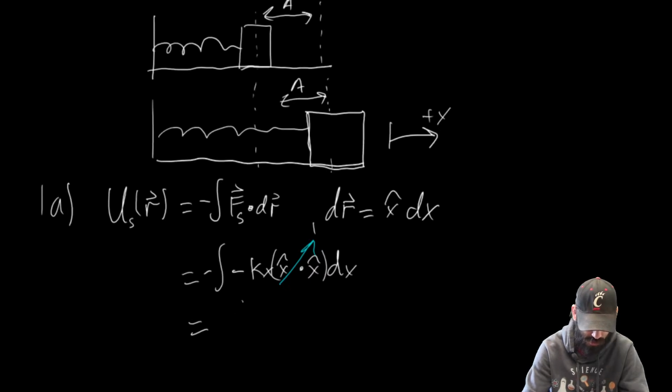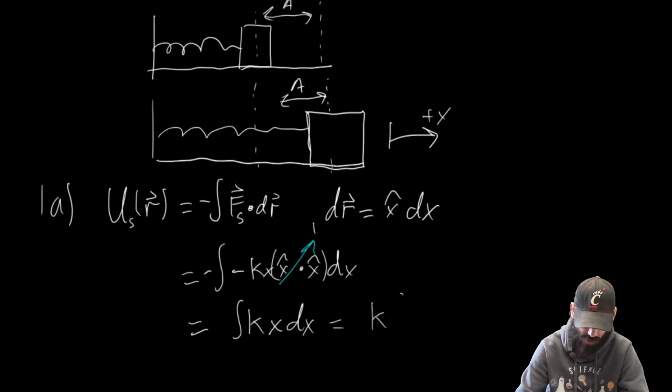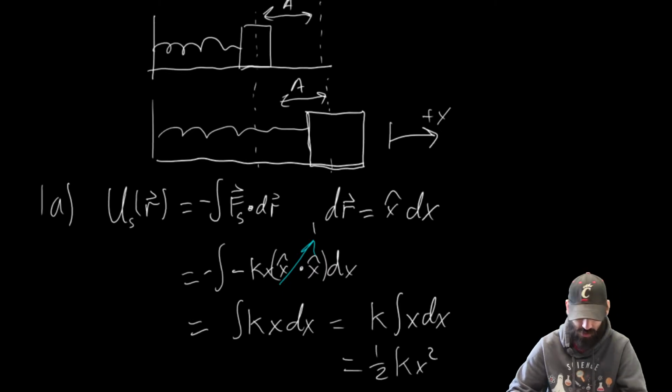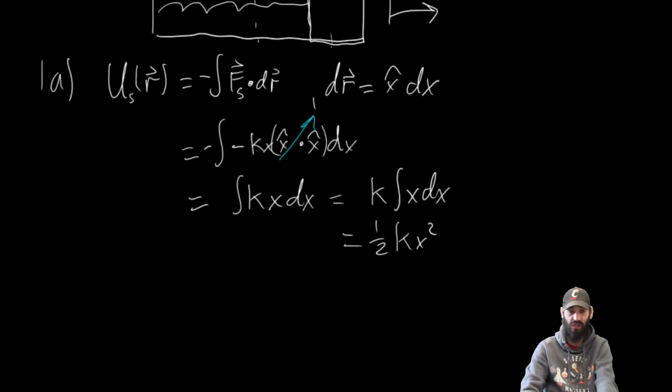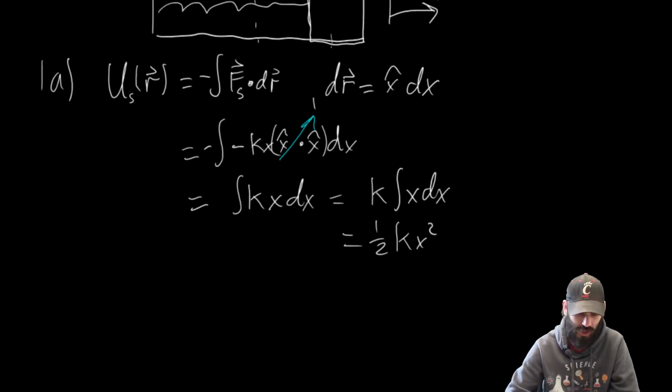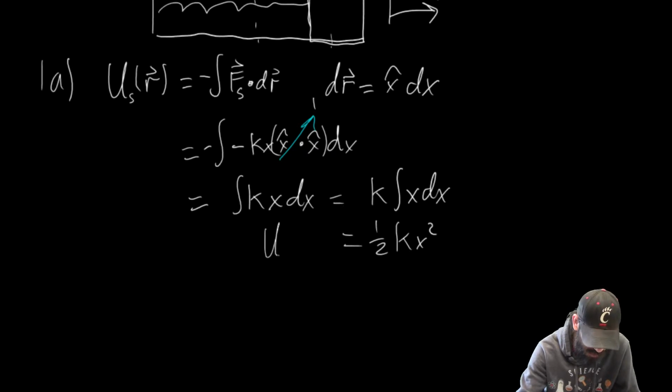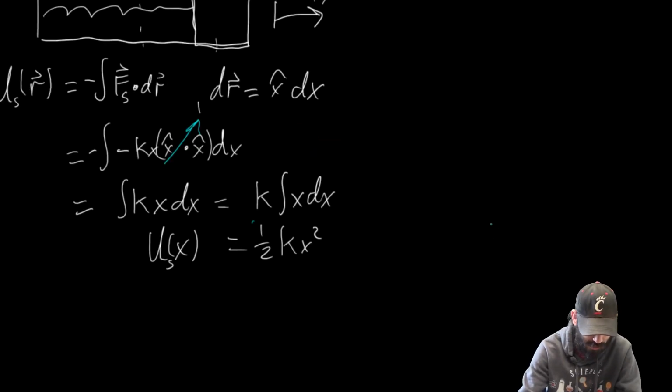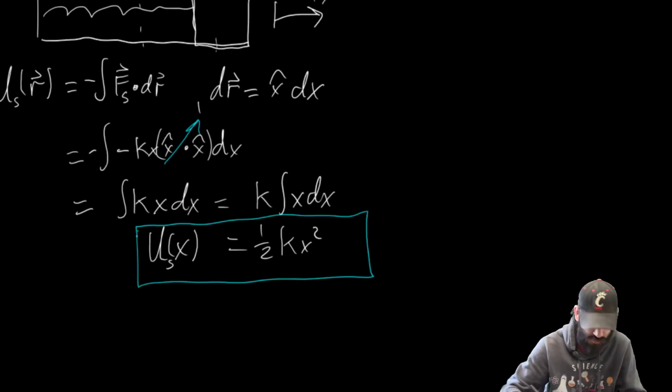So this is going to be the integral of kx dx, which is equal to k times the integral of x dx, which is equal to 1/2 kx squared. In general, this is going to be plus a constant of integration, but we're choosing our coordinate system in such a way that that is going to be 0. So the potential energy function, U as a function of x for our spring, is given by this function that I have here. Okay. So that's the first part.